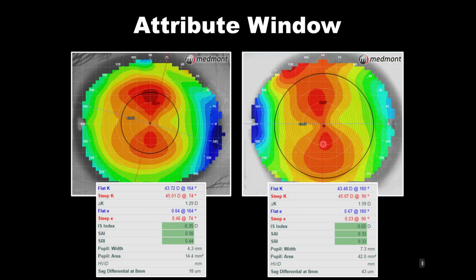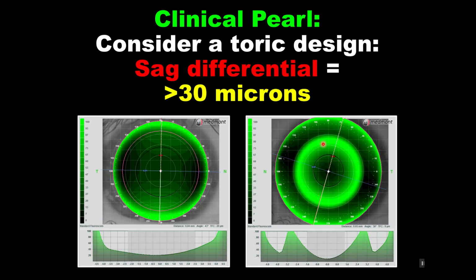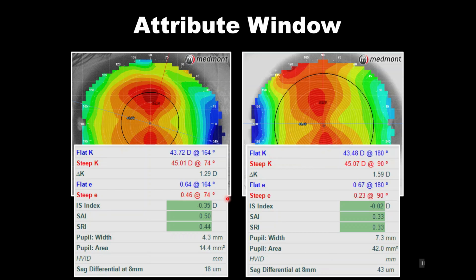So one of the things that I do to understand very quickly, is this an eye that should be in a symmetric or toric, is pull up my details window and simply focus in on that sag differential. How high is that difference in height between the flat and steep meridian?